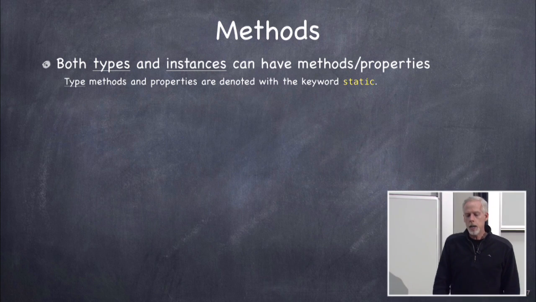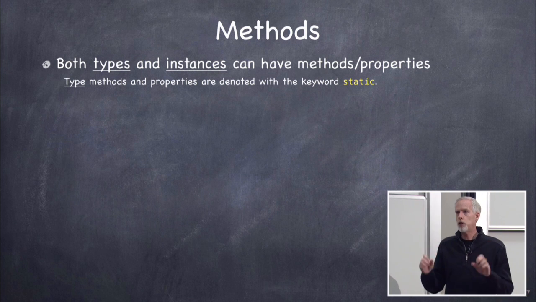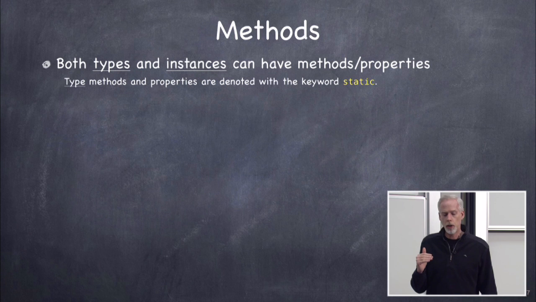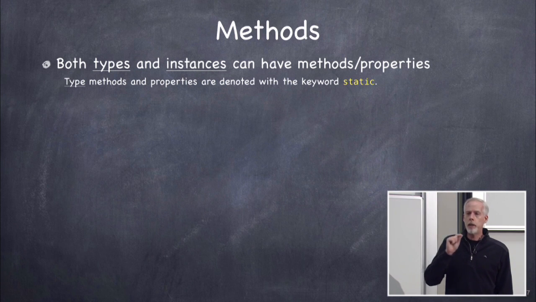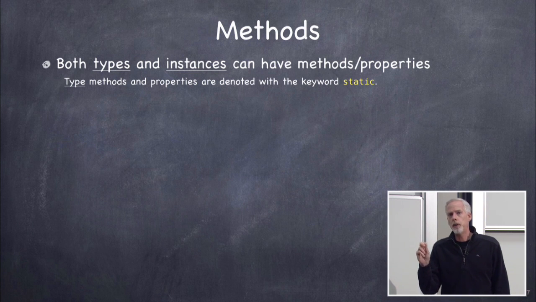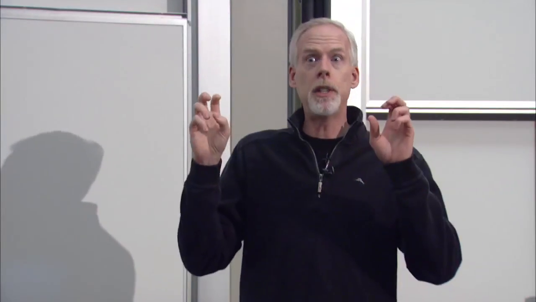But types, like the type Double, the type String, the type CalculatorBrain, can also have methods and vars. Computed vars, no storage, but computed vars. And all you do to add a method or a var to a type is you put static in front of the declaration. So static func whatever means this is a function on the type, not on instances of the type, on the type itself.